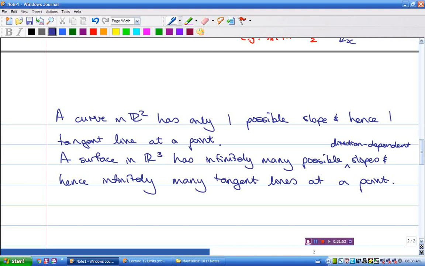Or how about in this direction? There are infinitely many directions that I can walk when I'm standing on a surface, and hence there are infinitely many slopes. We're going to be doing something called directional derivatives, and directional derivatives will be those direction-dependent slopes. Your x derivative and your y derivative are simply two special cases of direction-dependent slopes.